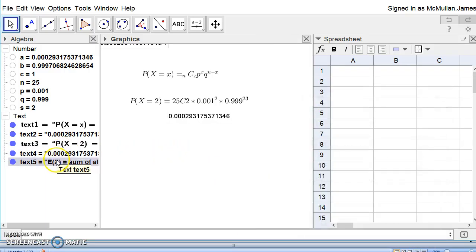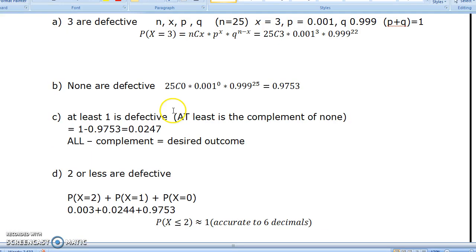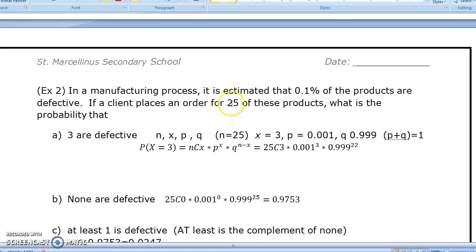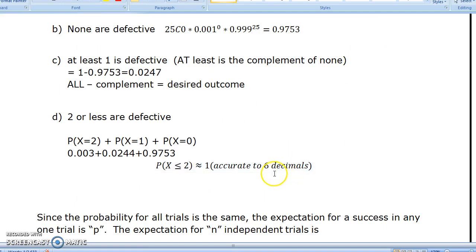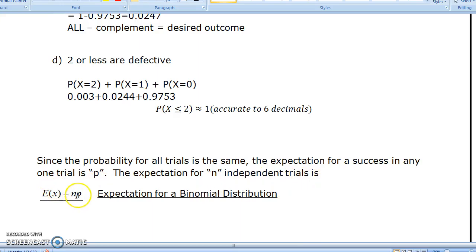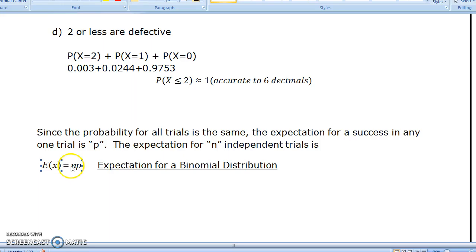This should have us a bit worried about the binomial, because I'm throwing at you 25 different possibilities. 1 thing could be defective, 2 could be defective, 3, 4, 5, 6, all the way up to 25. To do this the table way, where we do each x times its P(x), is going to take us forever. Luckily for us, there's a brilliant and beautiful formula that solves this instantly.